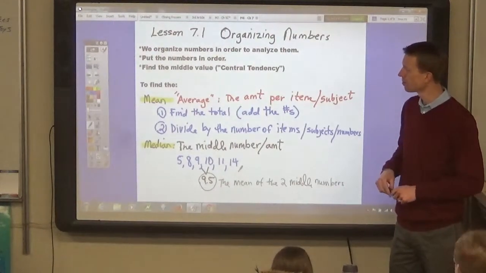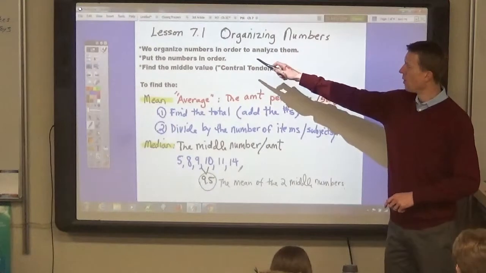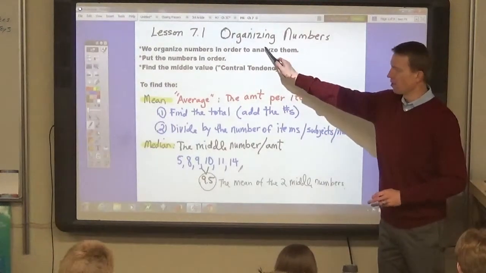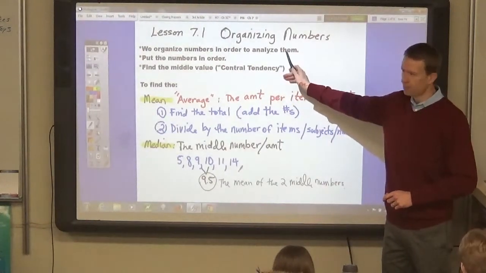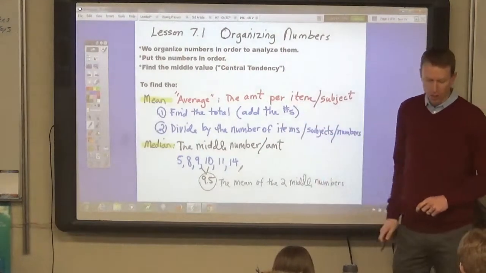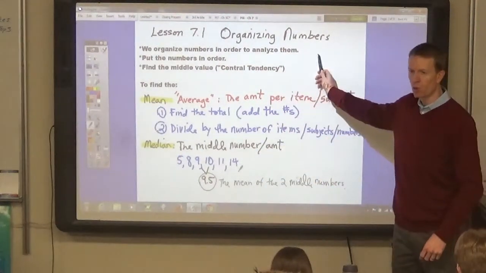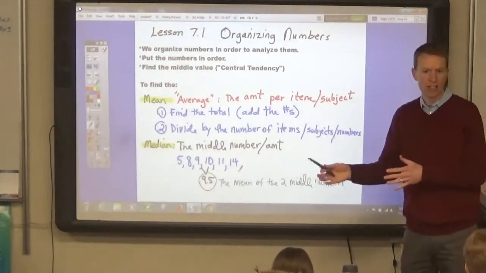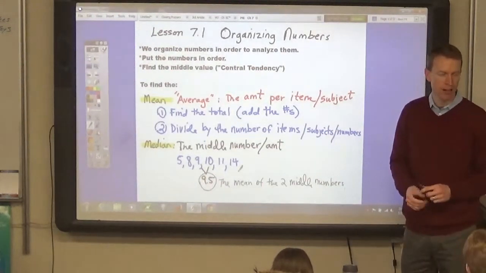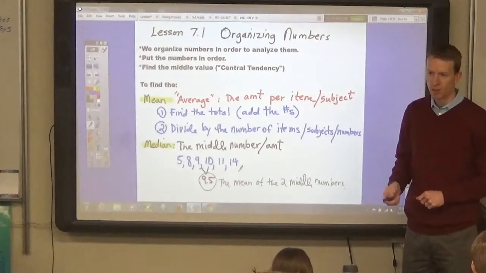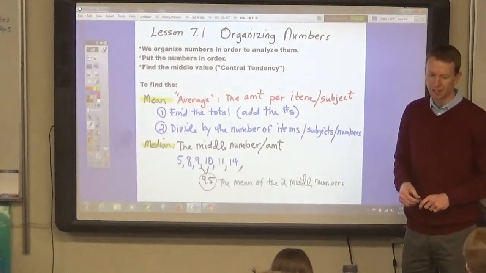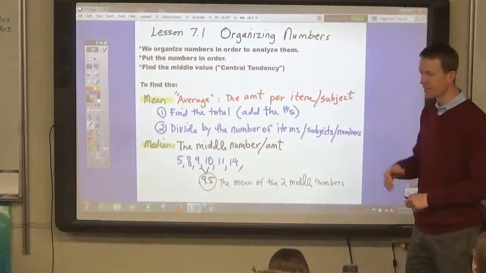Okay? So, we organize numbers in order to analyze them. One of the first things you have to do when you're doing that is to put the numbers in numerical order, either from greatest to least or least to greatest. It really doesn't matter. Usually least to greatest makes the most sense, because that's the way we count.